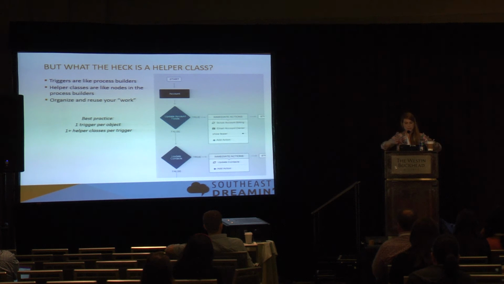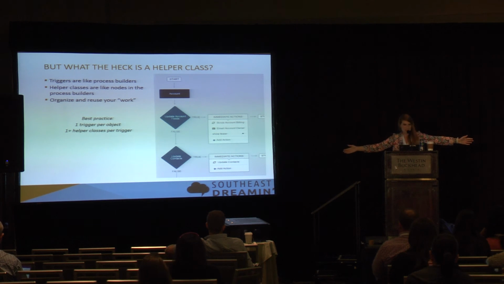So the trigger's going to say, help me out, and the helper class is going to do the stuff. In this screenshot, we see scrub account billing, email account owner. Those are two methods. It's like the verb for code. Those are methods in the helper class, right? None of that stuff would actually exist in a trigger if you're doing things according to best practice. Best practice is one trigger per object and one or more helper classes.